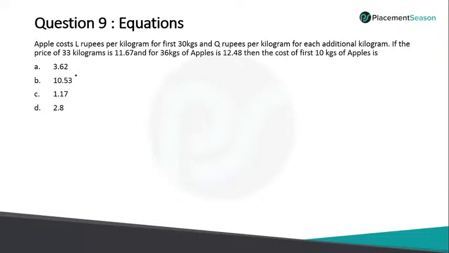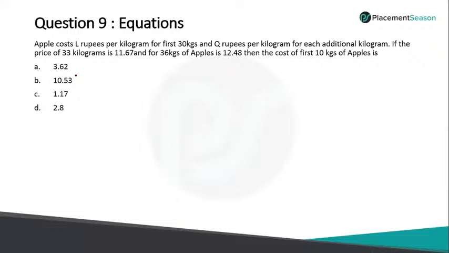Okay, it's an equation based question, and by looking at the question itself we can say it's very easy, because equations we can easily frame from the sentences given. Apple cost L rupees per kg for first 30 kgs, right? And Q rupees per kilogram for each additional kilogram.